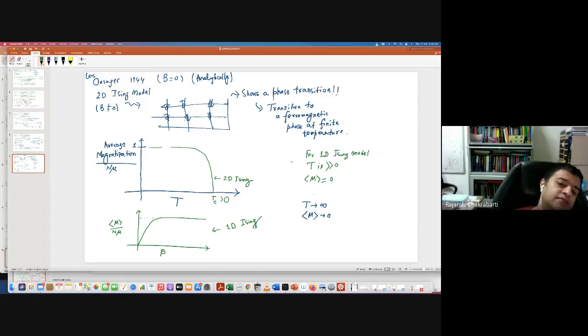But in 1D, you don't have enough neighbors for a particular spin, and it will never go to the ferromagnetic phase at finite temperature. Only when you cool it to zero temperature, it will go. This is very important: the 1D Ising model does not show any phase transition. Is this clear? But the 2D Ising model shows it. So the 2D Ising model is an example which shows phase transition.